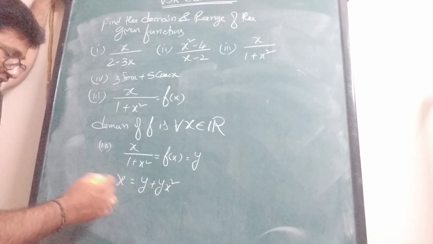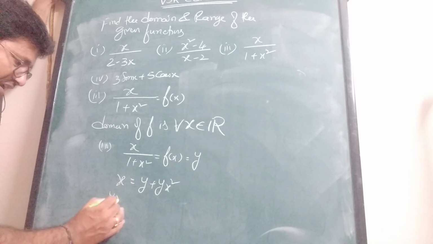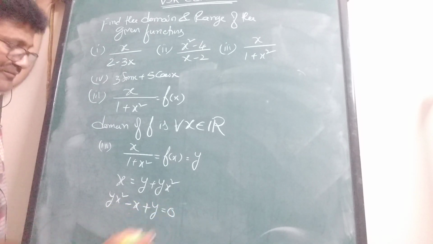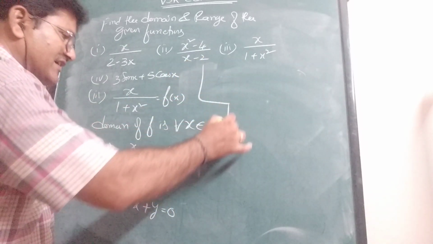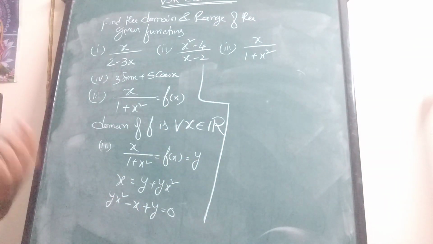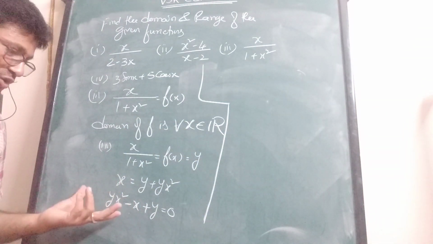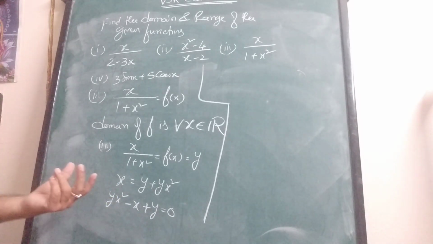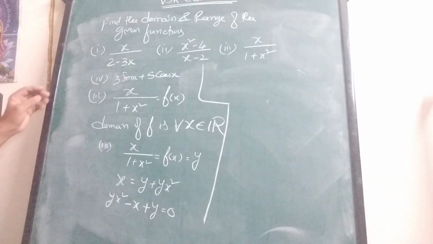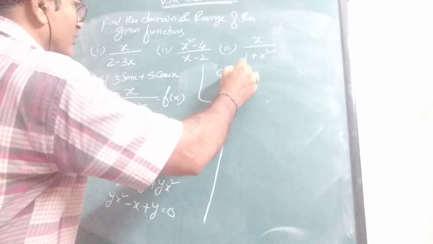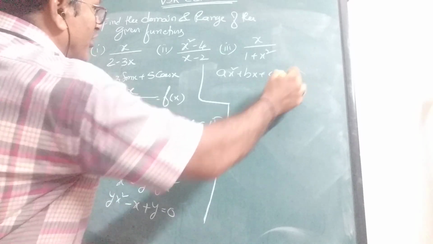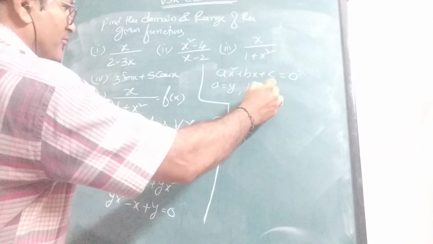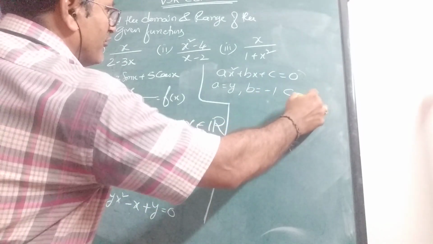Now if you take this one, write in order: y x square minus x plus y equal to 0. Now we got a quadratic equation in terms of x. To solve for y, you have to treat y as a constant and x as a variable here. If you compare with the ax square plus bx plus c equal to 0 form, in the place of a we have y, in the place of b we have minus 1, in the place of c we have y.